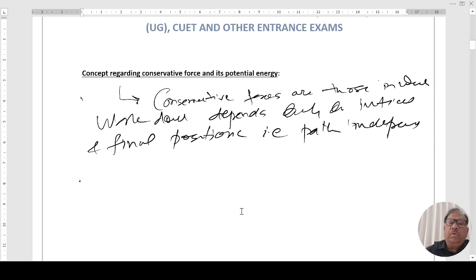Conservative forces are those in which work done depends only on initial and final position, that is path independent.